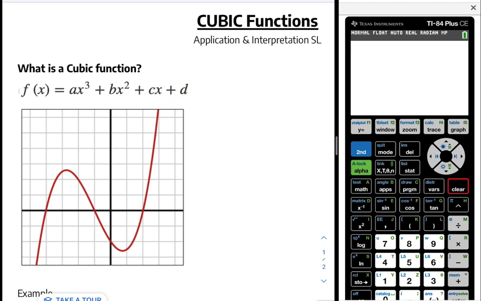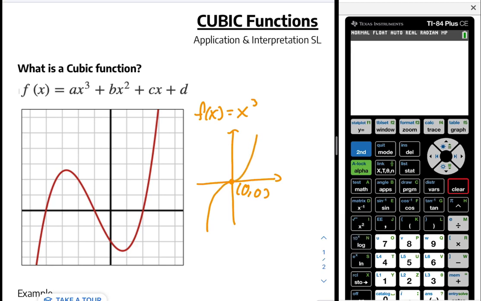The typical cubic looks something like you see on the graph here. Our parent function is x cubed, a function that crosses the origin, where x and y are both 0, and it looks something like this.